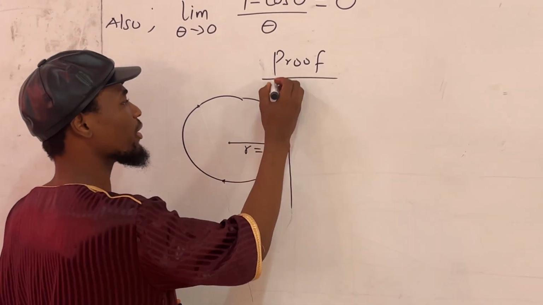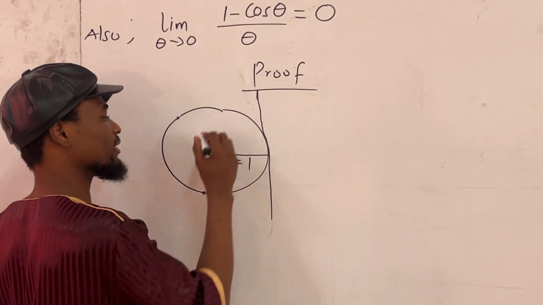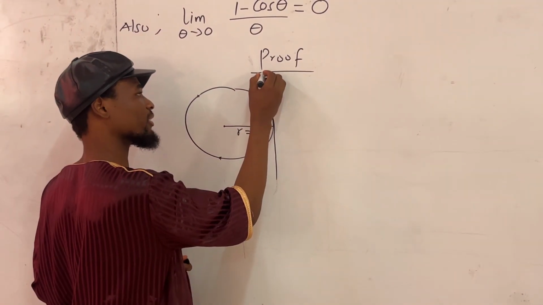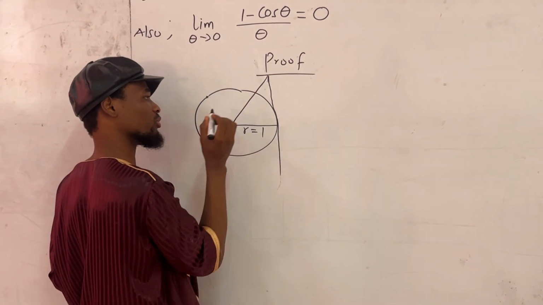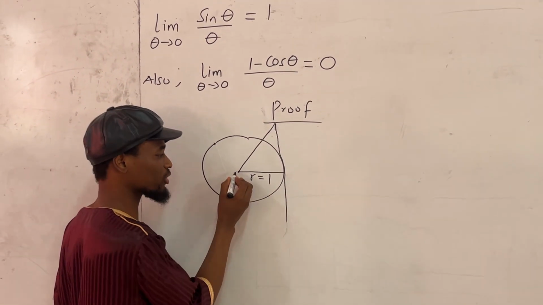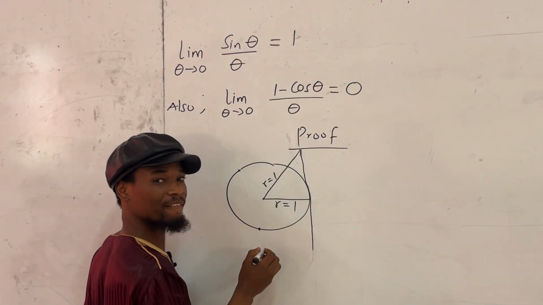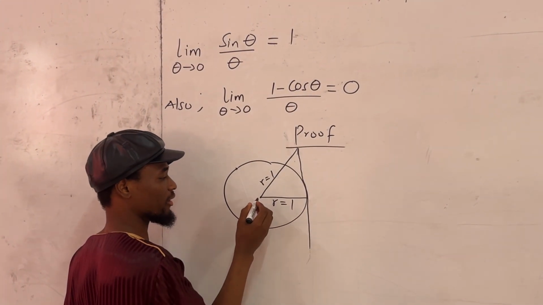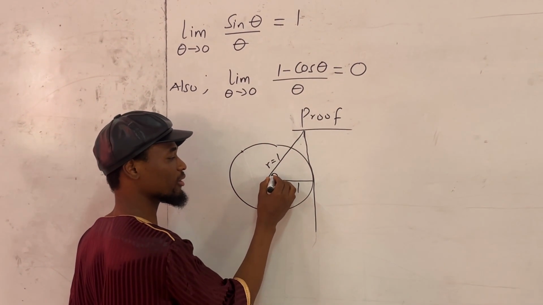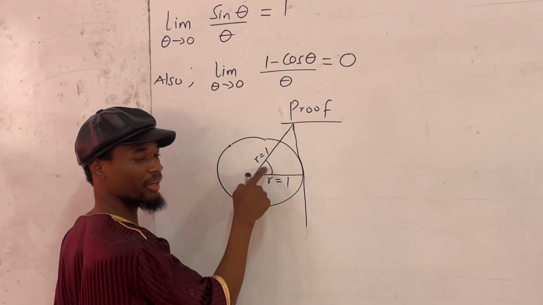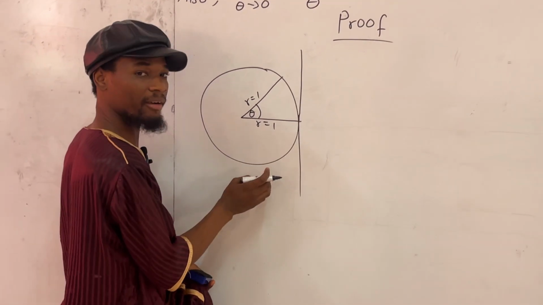So now, let me extend this to this side. The condition still holds because from the center to any point on the circumference, the radius is still with magnitude of 1. Now, there's an angle theta here, all right? So let me label my diagram.